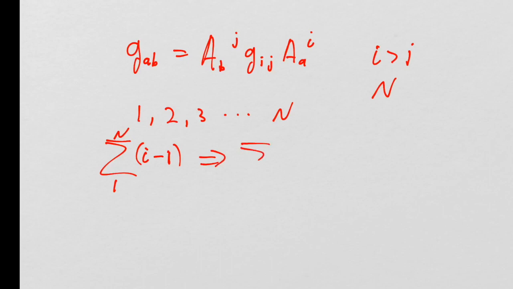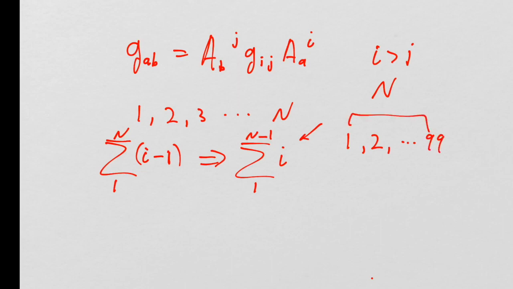In my head, I can imagine doing this from 1 to n minus 1, making the substitution I equals I minus 1, and so you're looking for the sum from 1 to n minus 1 of I. This formula is not too hard to figure out. Remember Gauss's legendary story where he was told to add the numbers from 1 to, I don't know, maybe 99.